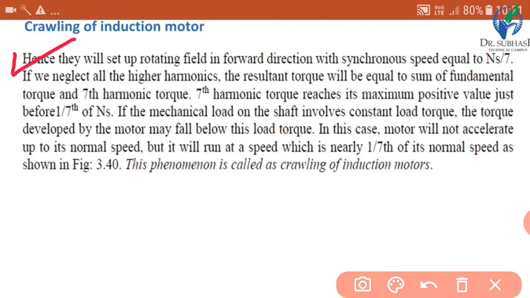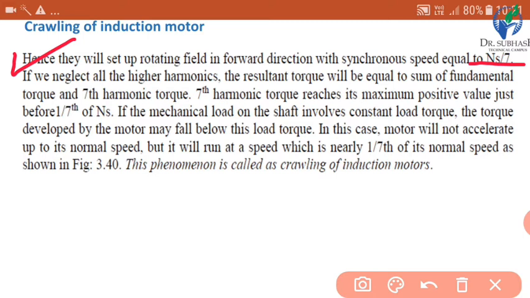Hence, they will set up a rotating field in the forward direction with synchronous speed equal to ns by 7. In this case, there is a phase difference of plus 120 degrees, so due to this, the synchronous speed ns by 7 will be in the forward direction or positive direction.